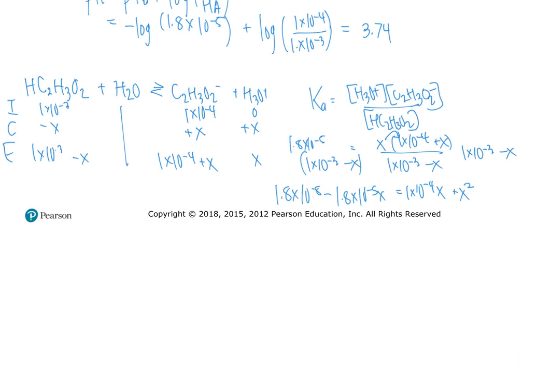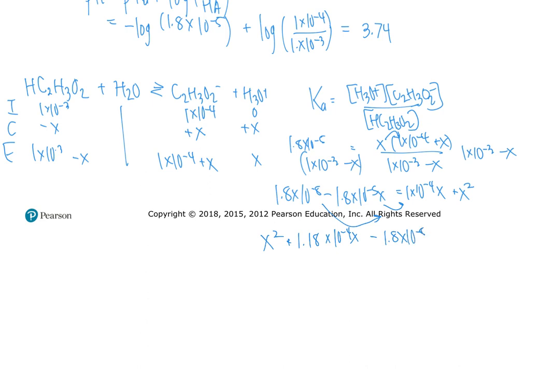Okay, fun. If I keep saying it's fun, then it will be fun, right? I'm going to put it all on the same side. So I'm going to move these over. I'm going to get x squared plus 1.18 times 10 to the negative 4x minus 1.8 times 10 to the negative 8 equals 0.